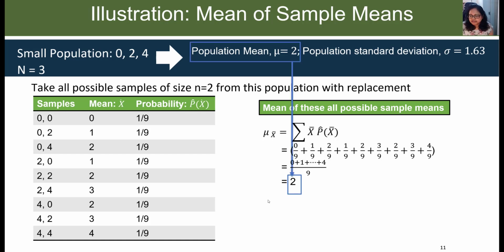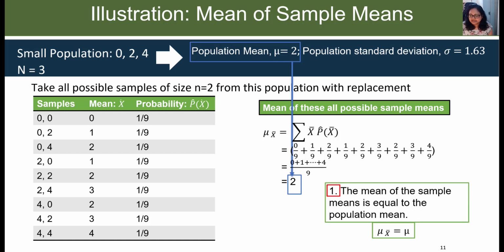So I find that the mean I found is exactly the same as the population mean. That means we took all possible combinations and found the mean is exactly the same. So you can see the mean of this population is exactly the same as the sampling distribution mean here.